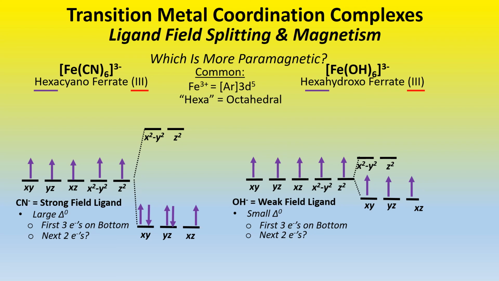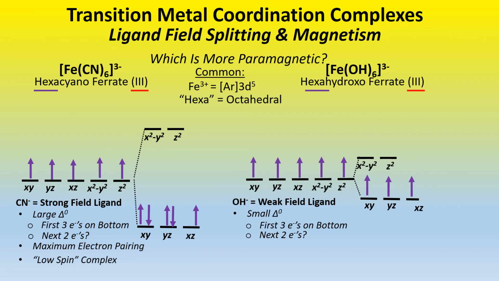In the cyanide complex, I have a very large crystal field splitting energy. It is difficult for the electrons to reach the top level. Therefore, I will wind up with the maximum amount of pairing and what is known as a low spin complex.